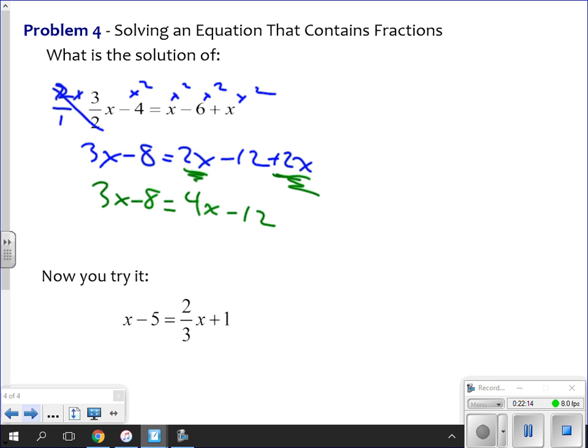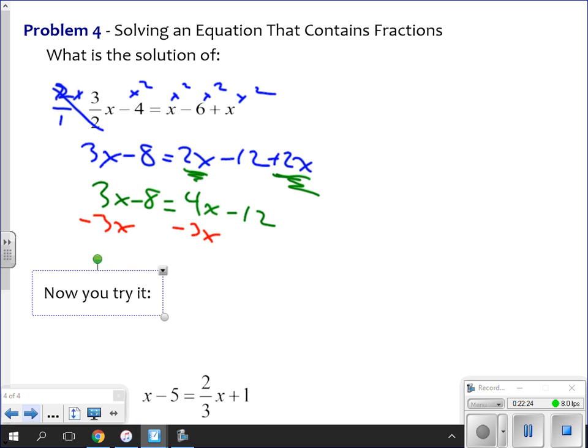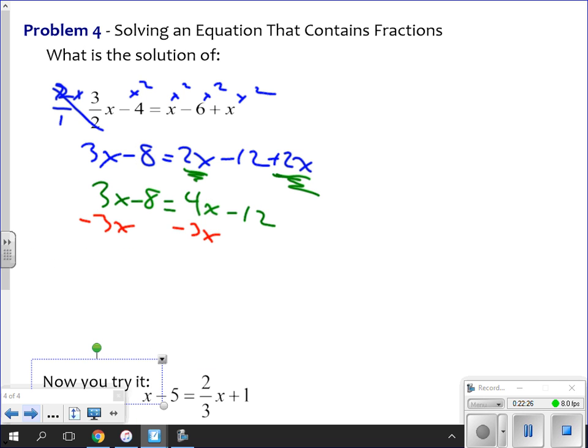So I subtract 3x from both sides. My 3x's cancel. I get minus 8. What's 4 minus 3? 1. So I have 1x. Makes it easy. Minus 12.